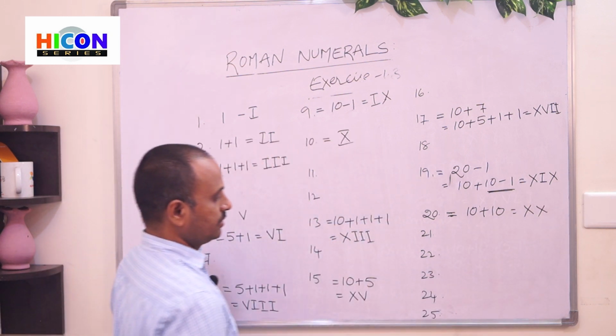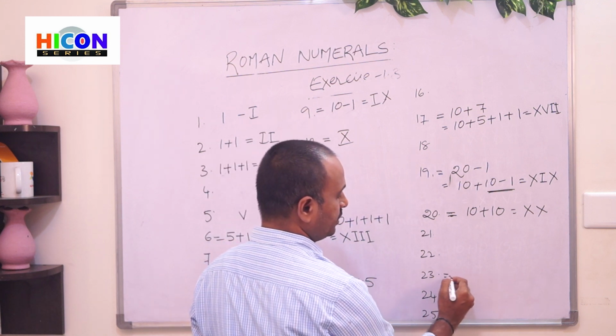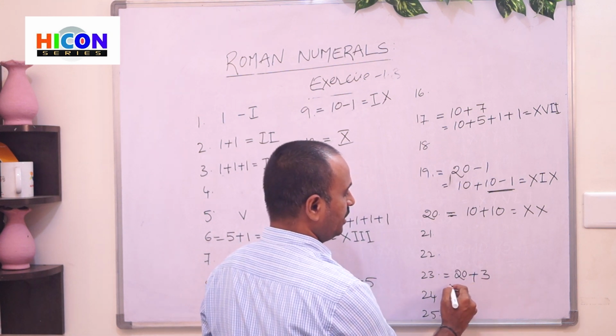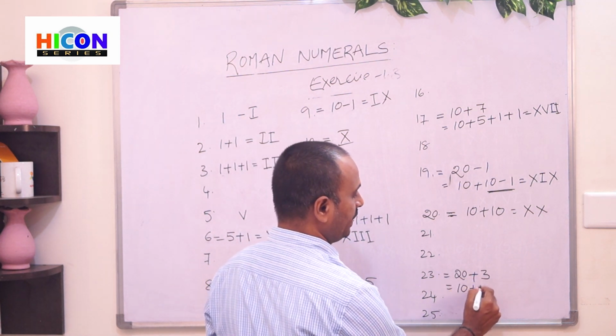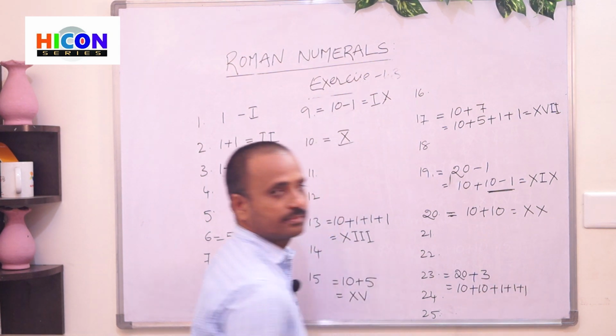So children, 23. So 23 can be split into 20 plus 3. And this 20 can also be split into 10 plus 10. And 3 can be split into 1 plus 1 plus 1.